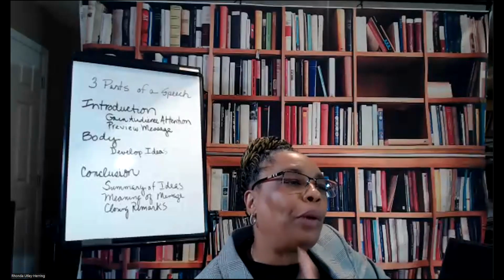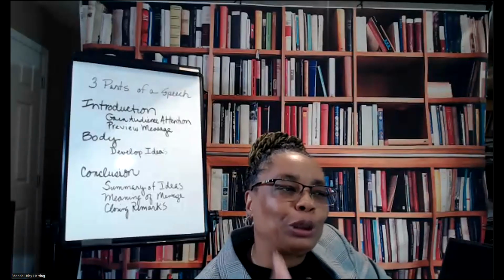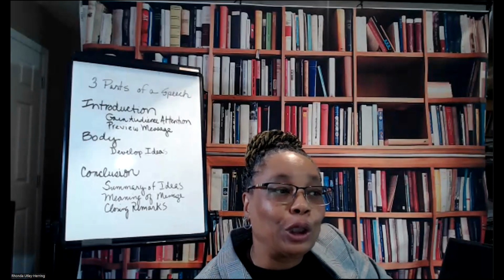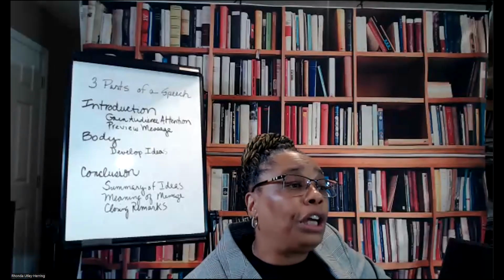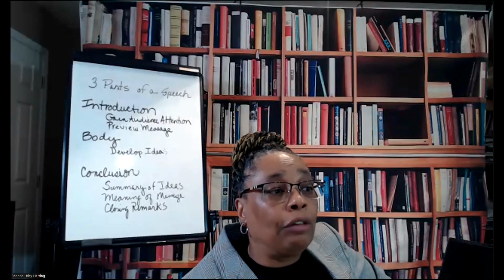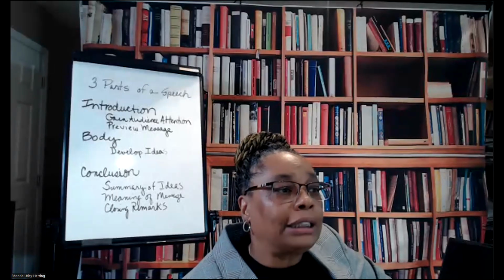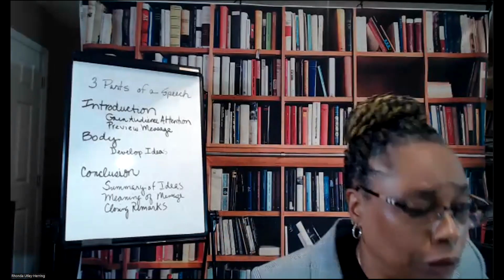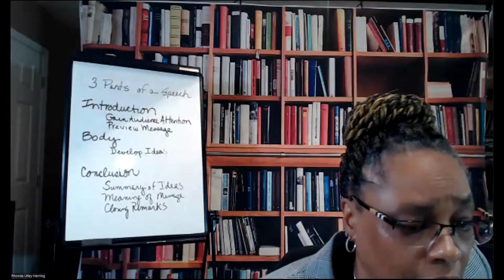Okay, so basically your specific purpose is to inform the audience how a bill is passed. Or to inform the audience of 3 facts involving how a bill is passed. The rest of the stuff really belongs in your central idea.